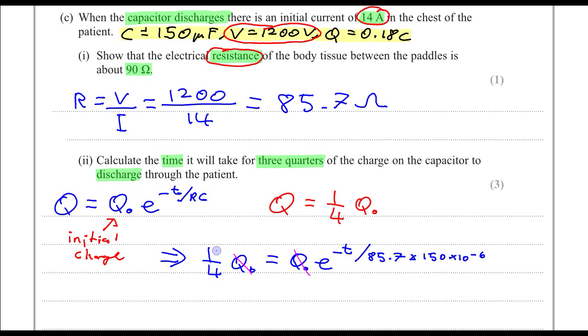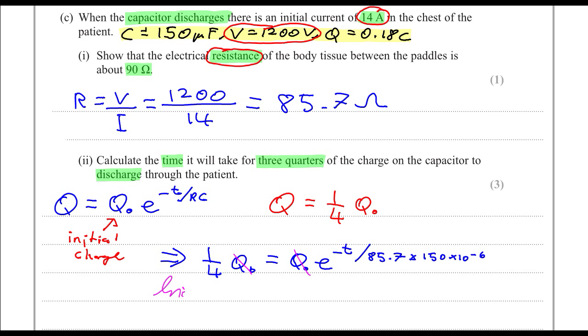So we have 1/4 on this side and e to the power of minus t over this number on the other side. What we now need is to get rid of the e, which means we need to ln both sides.